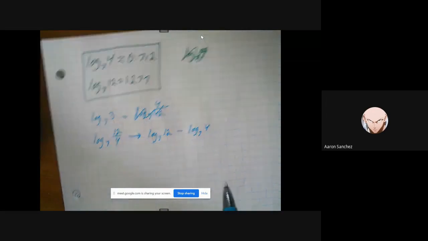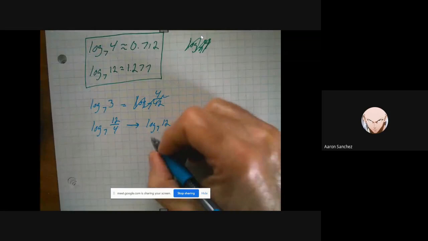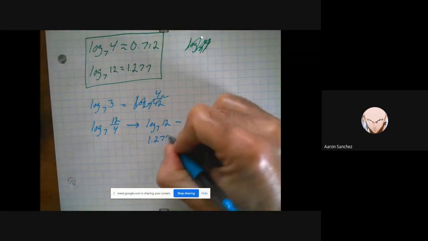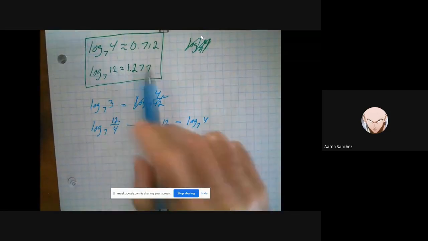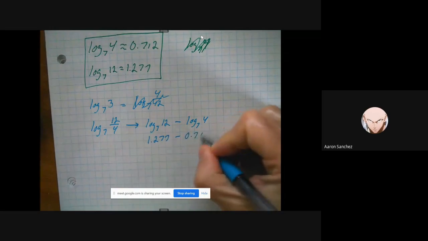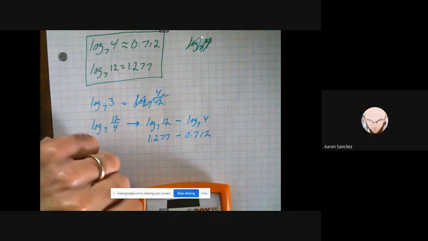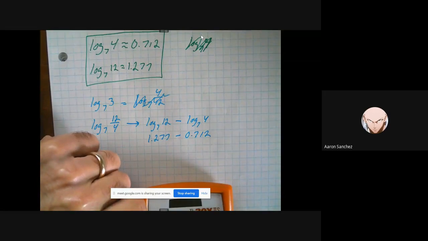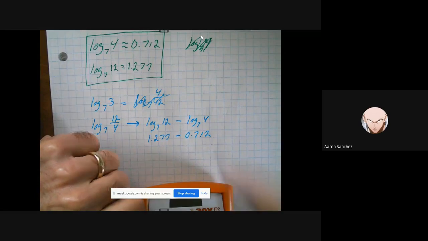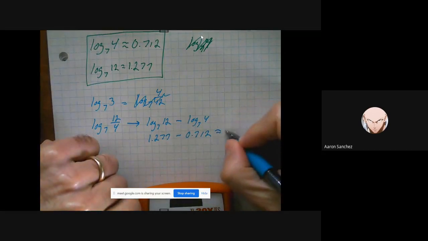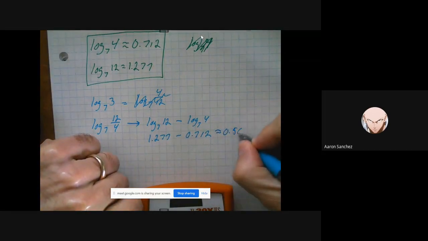And then I know what log base 7 of 12 is. It's 1.277 minus log base 7 of 4, which is 0.712. And then you just subtract those. 1.277 minus 0.712 is equal to approximately 0.565.